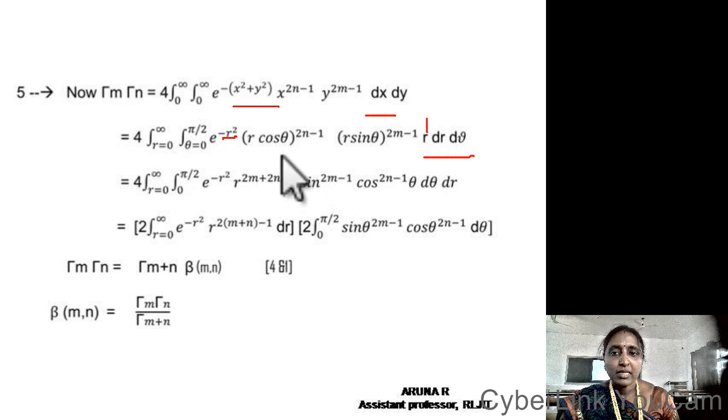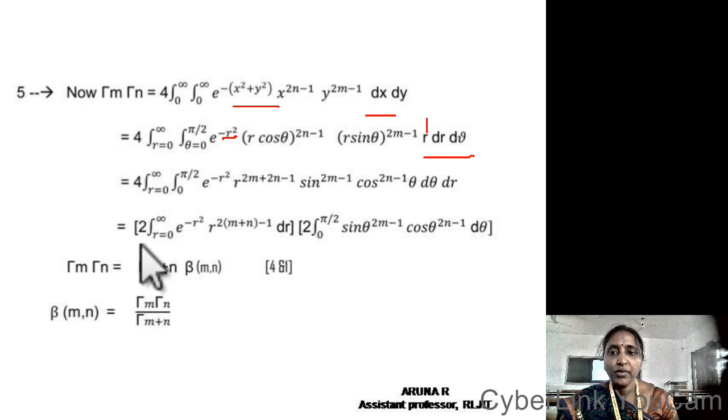If the bases are same, when we simplify we get r power 2m plus 2n minus 1, and this is e power minus r square, and sin to the power 2m minus 1 theta and cos to the power 2n minus 1 theta d theta dr. Now we will separate the r term into one bracket and the theta term into another bracket.